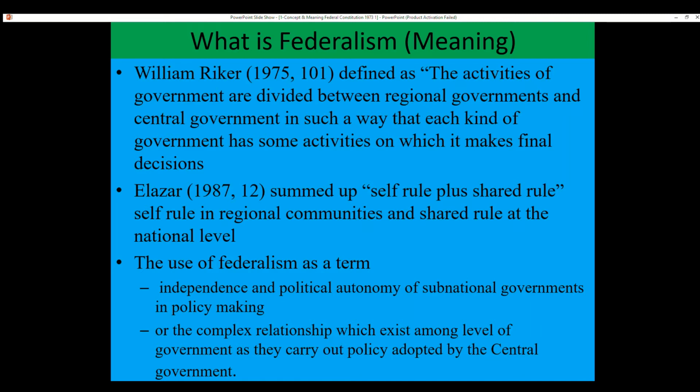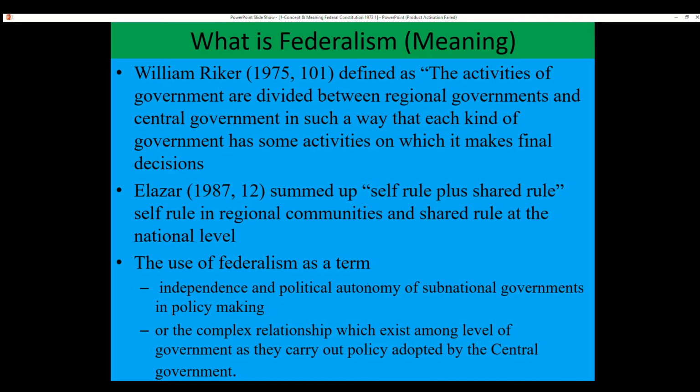William Riker, 1975, defined it as: the activities of government are divided between regional governments and central government in such a way that each kind of government has some activities on which it makes final decisions.